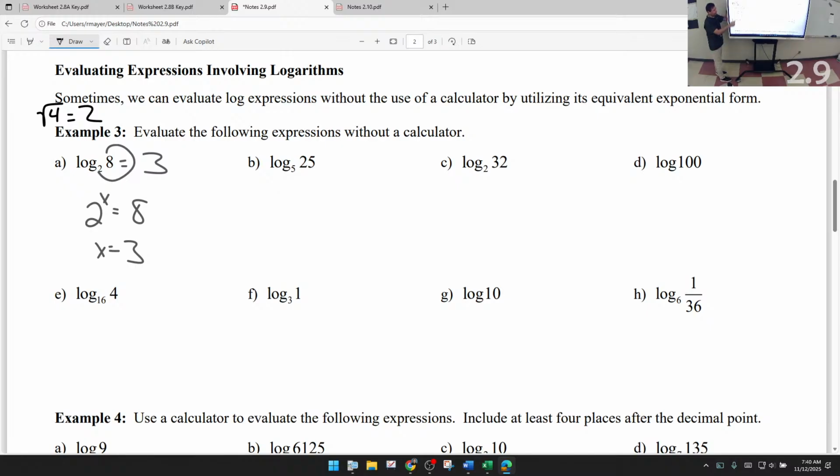And really, there's no work to be shown. You should just know how to simplify that in your head. Just like this right here, you should know that's a 2. 5 squared is 25.